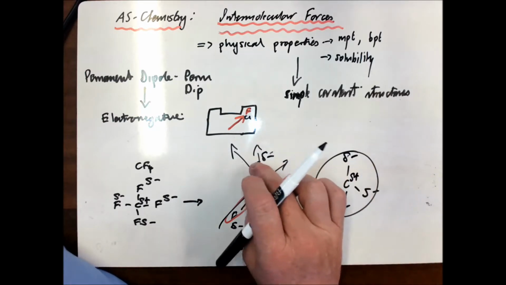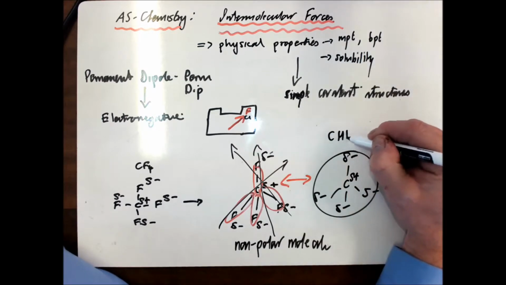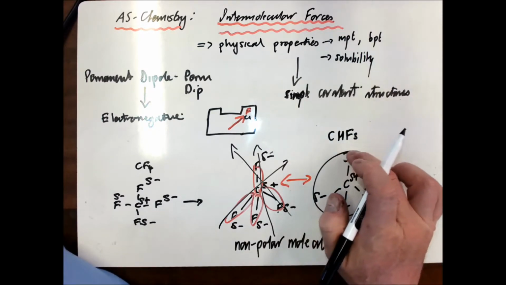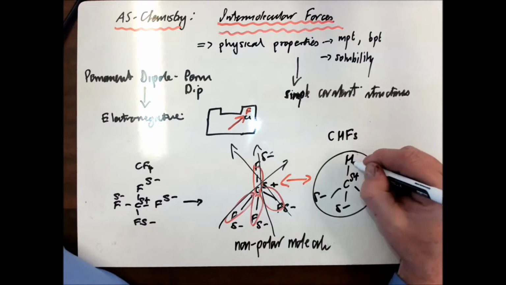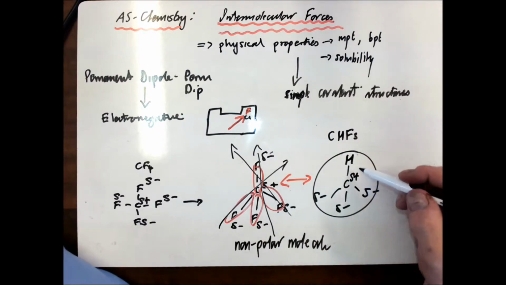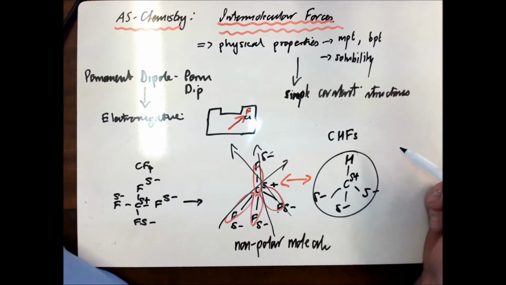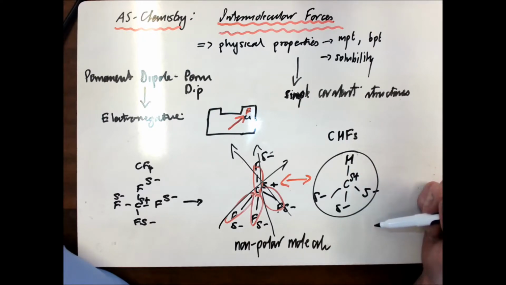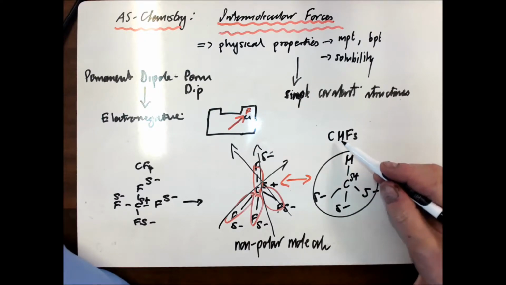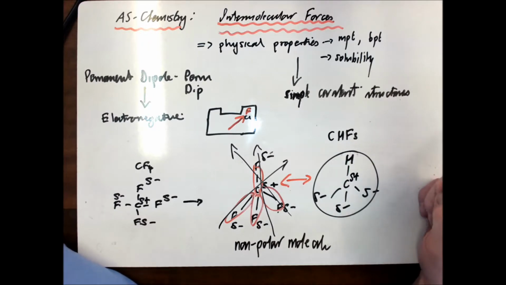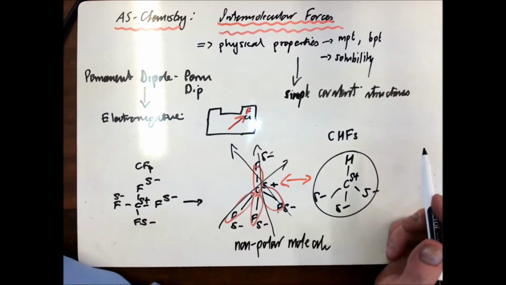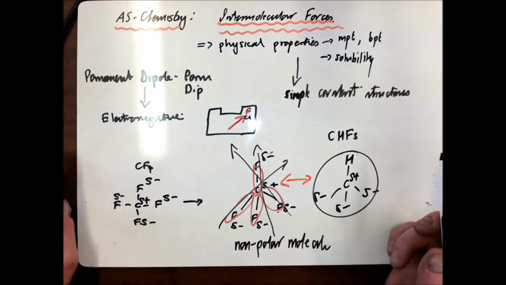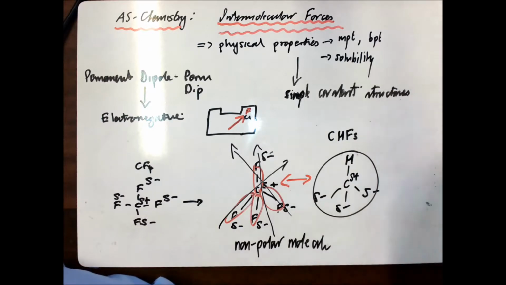If I change the fluorine here, so if I change this to CHF3, so if I take this out and make this a hydrogen, which is much less electronegative, now suddenly I have a polar molecule, because this bond here is non-polar. And I have a delta positive to delta negative end, and I will now have a polar molecule, and I'll have changed the properties of this particular molecule quite significantly. So we've covered very quickly, I know, permanent dipole attraction.